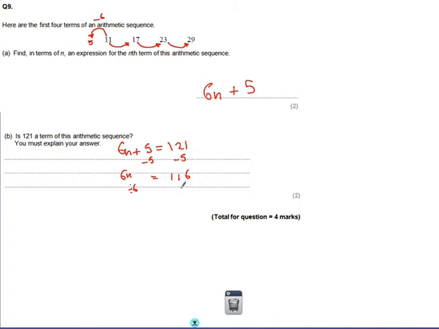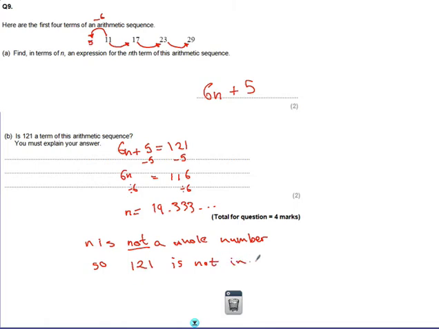Divide by 6, divide by 6. n is equal to 116 divided by 6, which is 19.333, and it goes on forever. n is not a whole number. So 121 is not in the sequence.